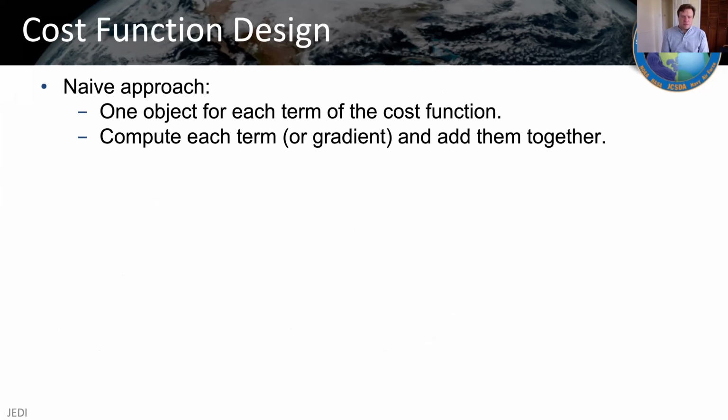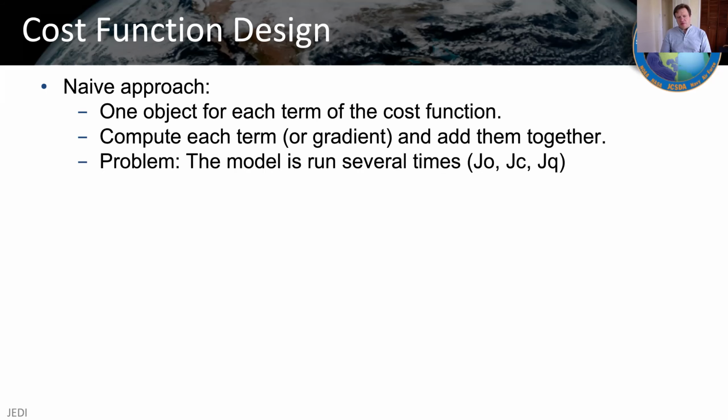The first approach, if you think about what you've heard about object-oriented programming and C++, is to define one object for each term of the cost function. You compute each of these terms, or their gradient if you need to, and then you add them together to form the full cost function. That seems fairly reasonable.